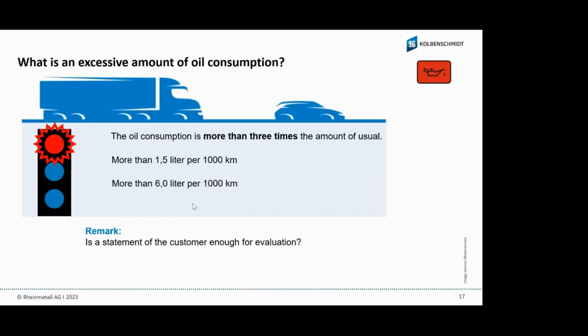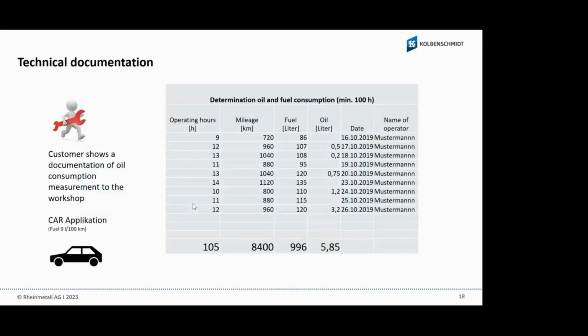Here you see that means 1.5 liters per 1,000 kilometers, and more or less more than 6 liters per 1,000 kilometers. In this situation, this was not perfect, and we can speak about oil consumption.